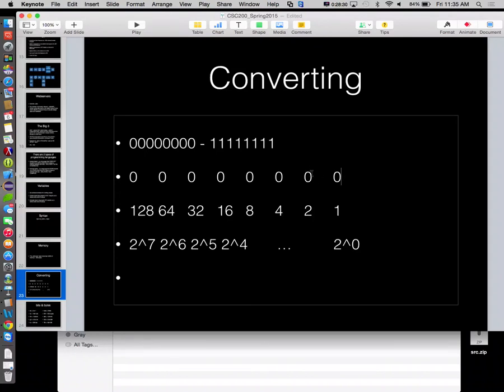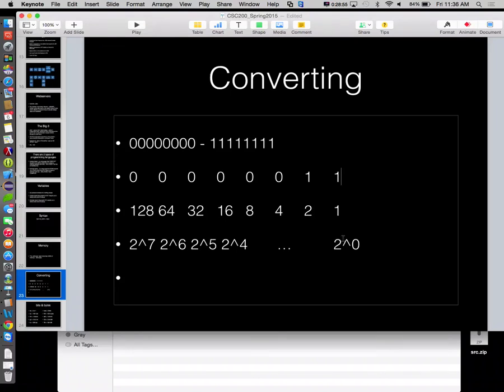The binary version of the number 2 is 0 times 128 plus 0 times 64 plus 0 times 32 plus 0 times 16 plus 0 times 8 plus 0 times 4 plus 1 times 2 plus 0 times 1. That gets us a 2. Plus 1 times 2 plus 1 times 1.